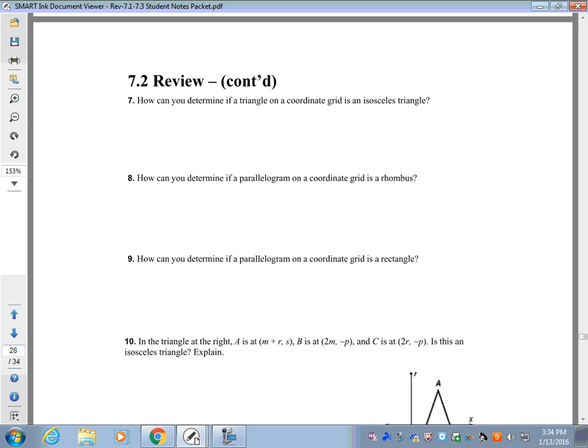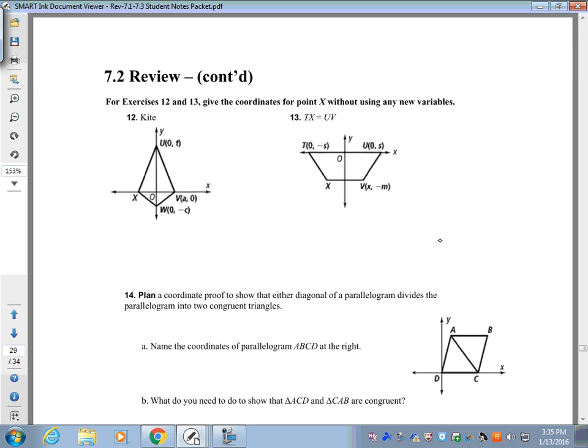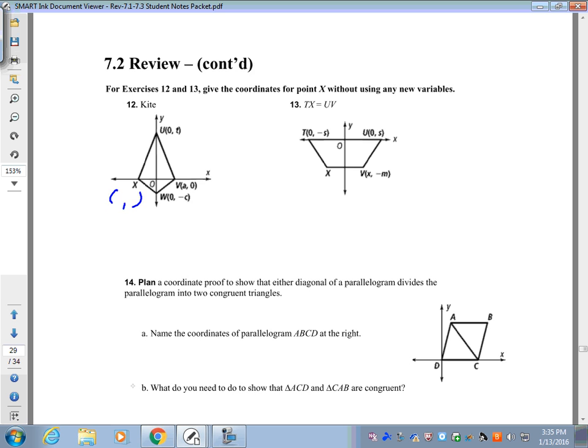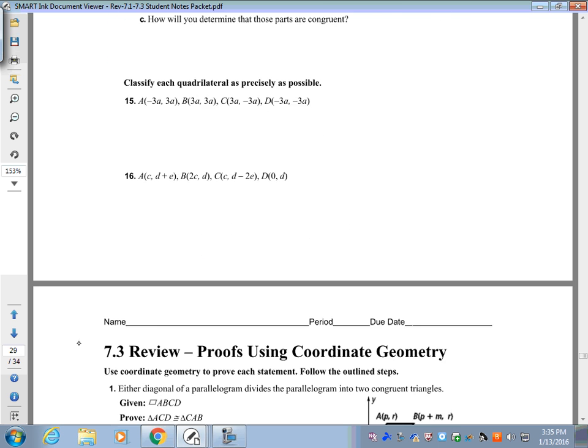You would have to know something about the sides being congruent or parallel. So just tell me what fact you have to know. And then on this one again, all they want here is the ordered pair, which is what we did on the other page. And then I don't think I have you doing 14. I know I don't have you doing 16.